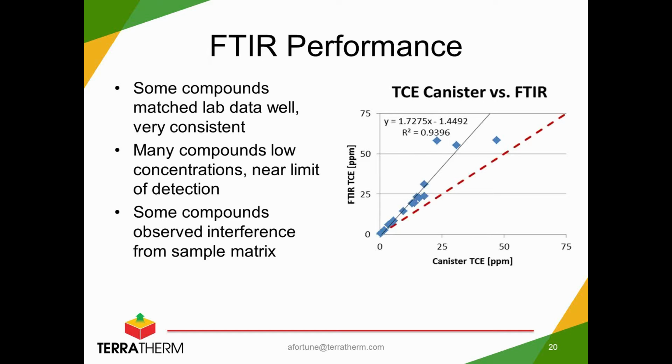So we knew, hey, we're seeing a few ppm of this contaminant on the FTIR, but we didn't see it in the canister. Why is that? So we were able to observe interferences that way and piece together based on the other contaminant data that we got from the canisters to try to figure out what was interfering.